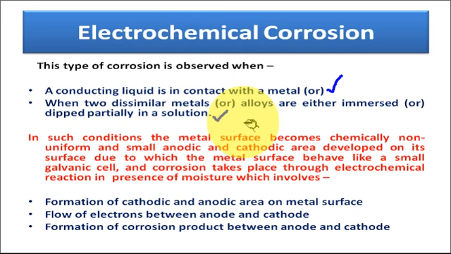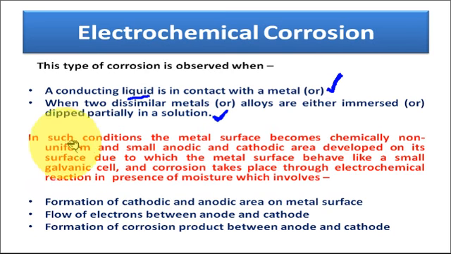So what are these two conditions? First condition is when a single metal is in contact with a conducting liquid, that means an electrolyte solution. Second, when two dissimilar metals are in contact with each other and they are partially immersed in an electrolyte solution. Either condition may cause corrosion. Why?